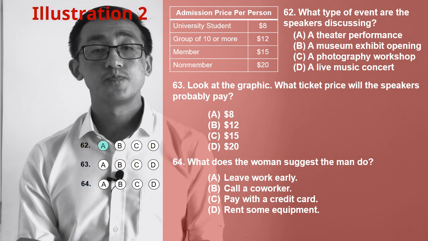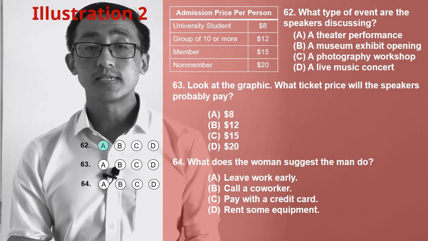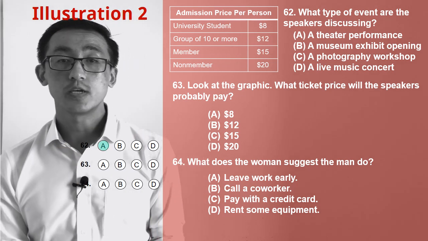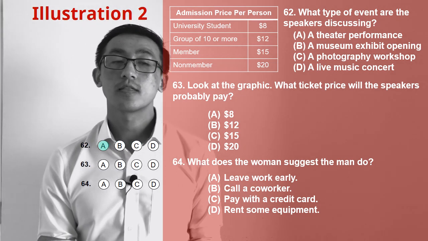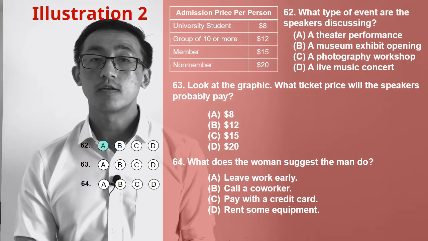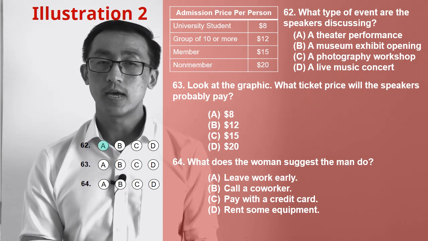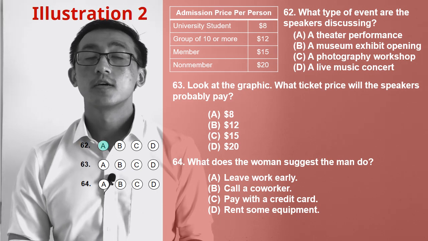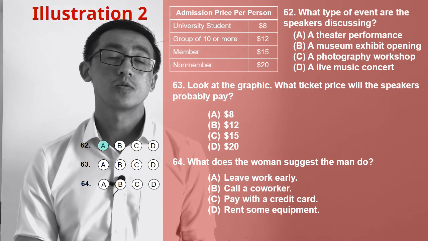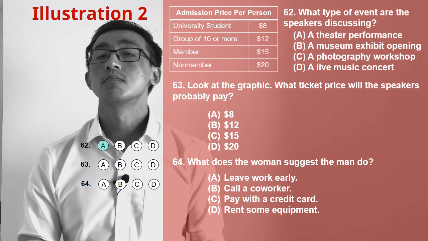And for question number 63, look at the graphic. What ticket price will the speakers probably pay? They heard that there are 10 or more people from the office that are interested in going to the theater, so they will be eligible for US dollar 12, right?